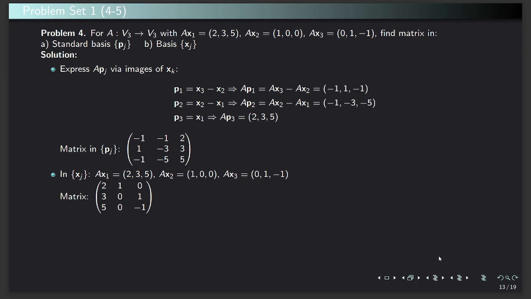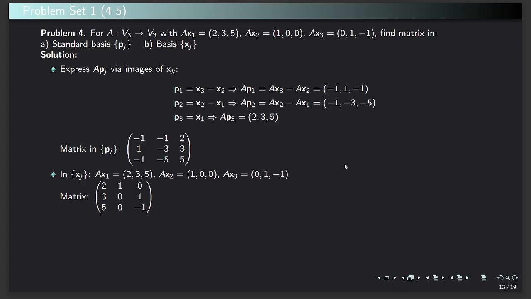The resulting vectors can be expressed in the standard basis and form the columns of the desired matrix. And then second, the basis of the xj vectors themselves. In this case, the columns of the matrix are simply the coordinate representations of the output vectors Axk, represented in the standard basis as given in the problem statement.